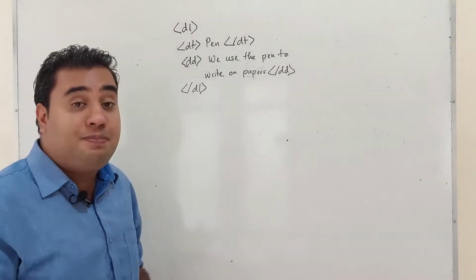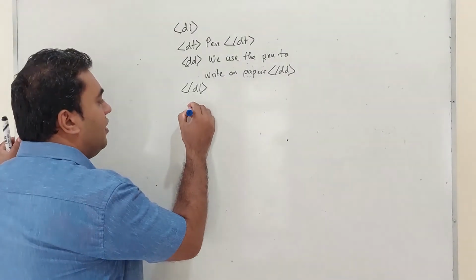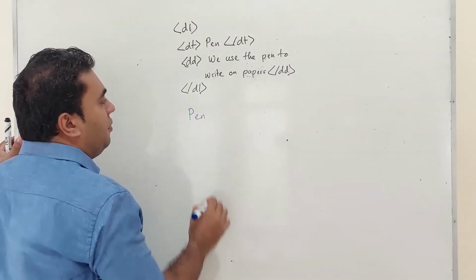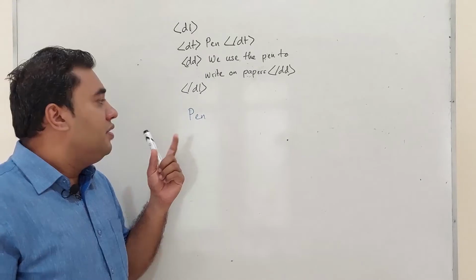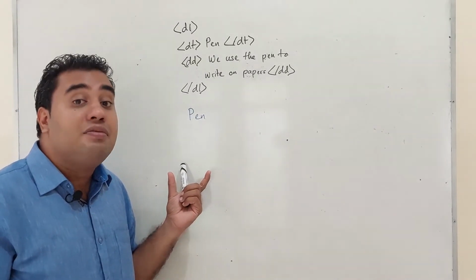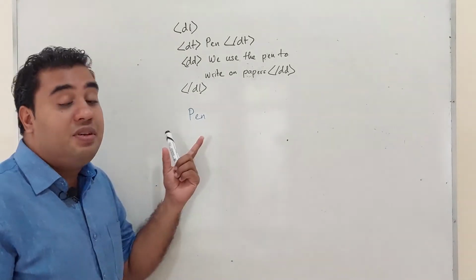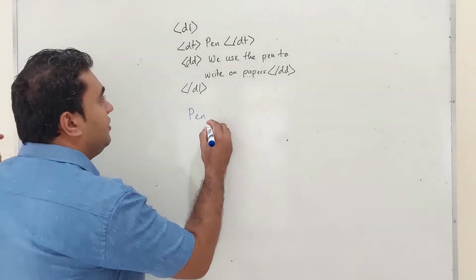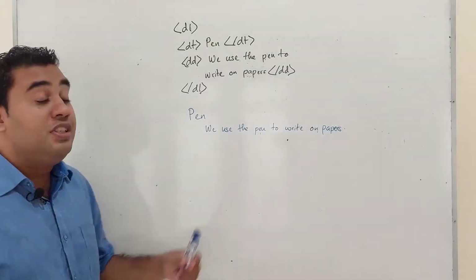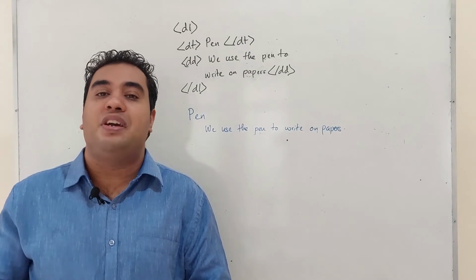So this will be displayed in a web page like this. Pen, the term, and the description will be shown in the next line, a bit indented. So this is how a definition list will be shown within a web page.